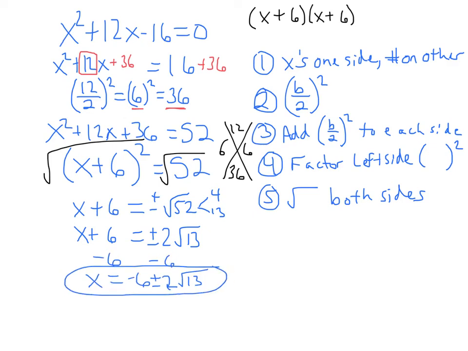And yes, we need to be prepared to also give an approximate answer. So let's do that right now in our calculators. You're going to plug in negative 6 plus 2 root 13, and you're also going to plug in negative 6 minus 2 root 13. And that should get us our two approximate answers for x. So let's do that right now.